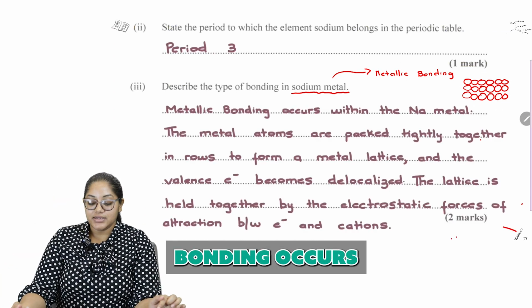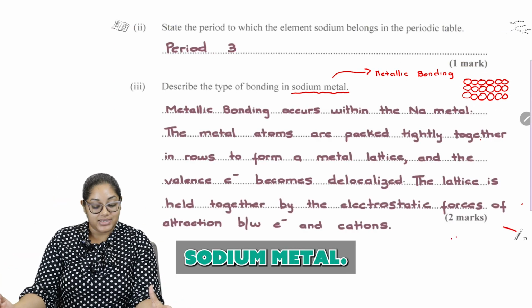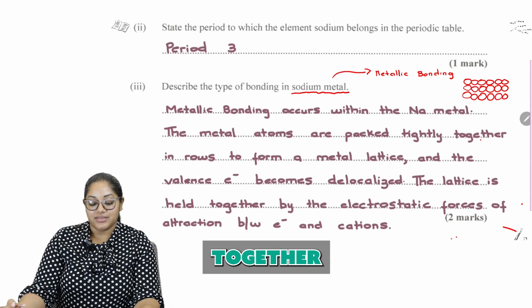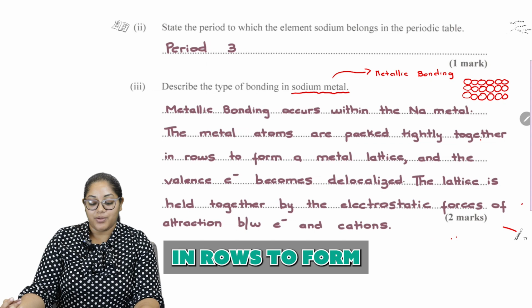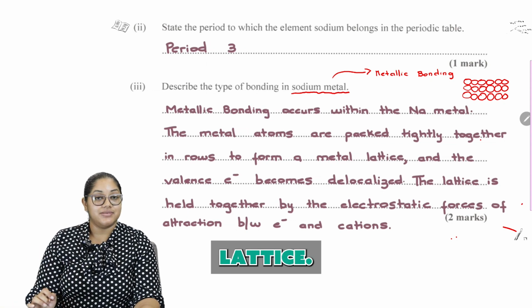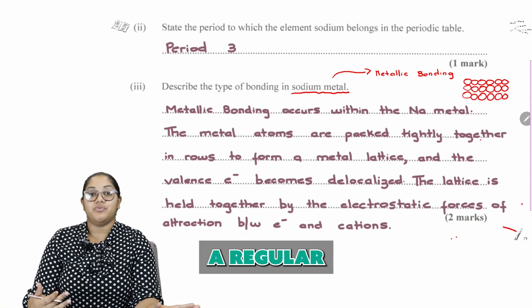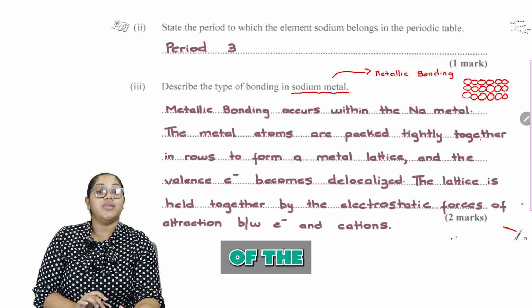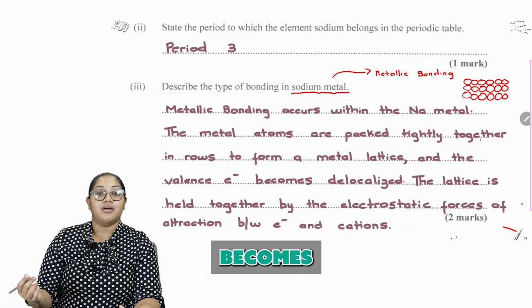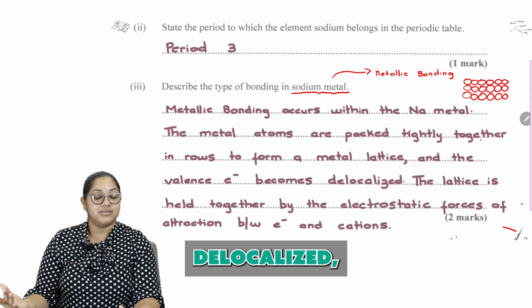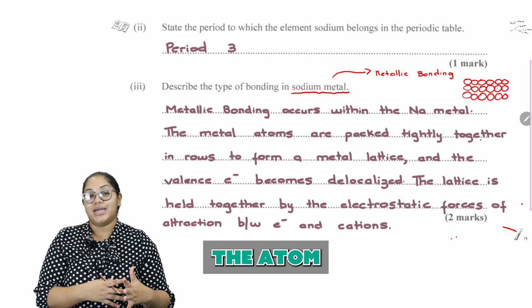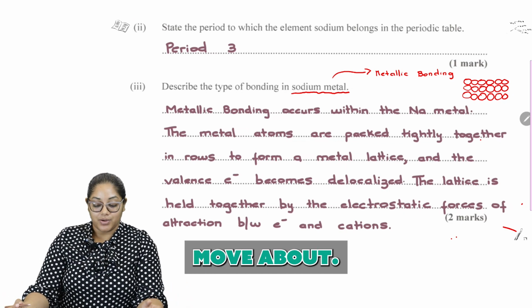Metallic bonding occurs within the sodium metal. The metal atoms are packed tightly together in rows to form a metal lattice. So a lattice is where we have a regular repeating arrangement. The valence or the outermost electrons become delocalized. So delocalized means it becomes detached from the atom and free to move about.